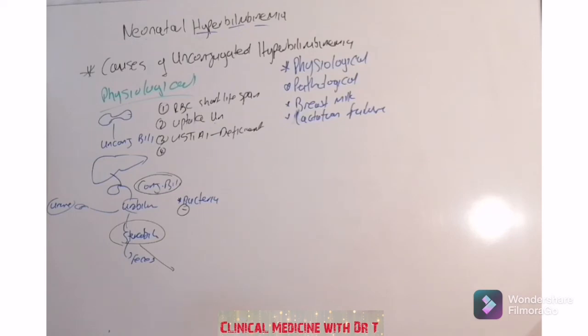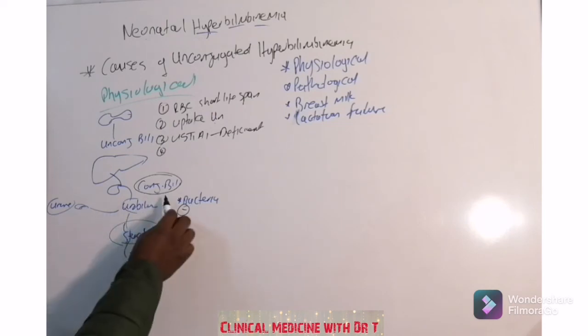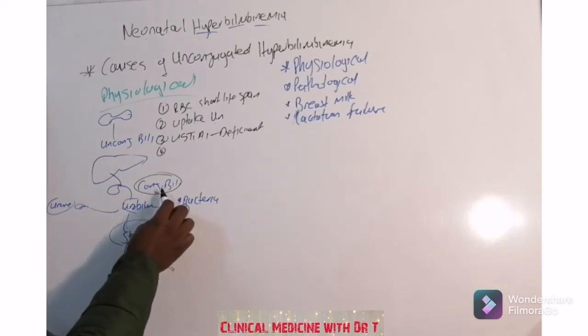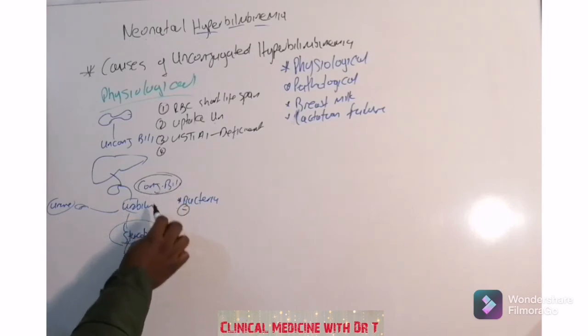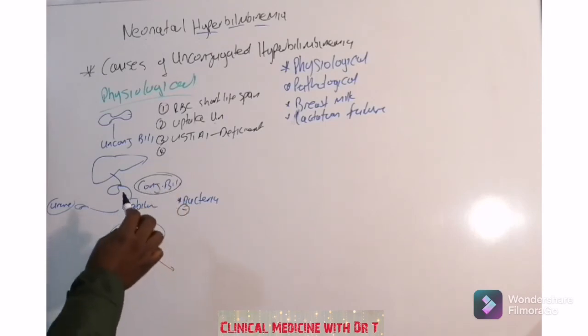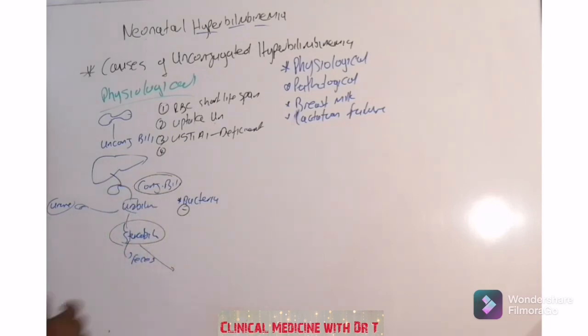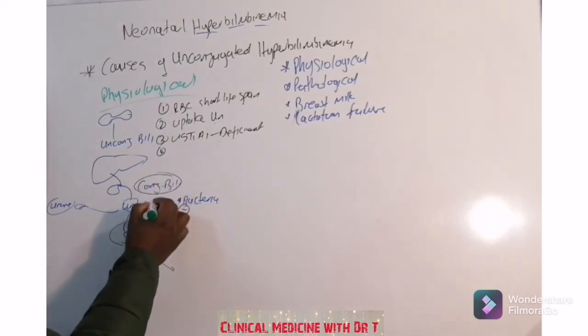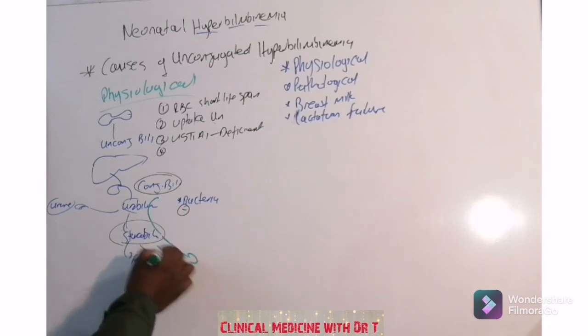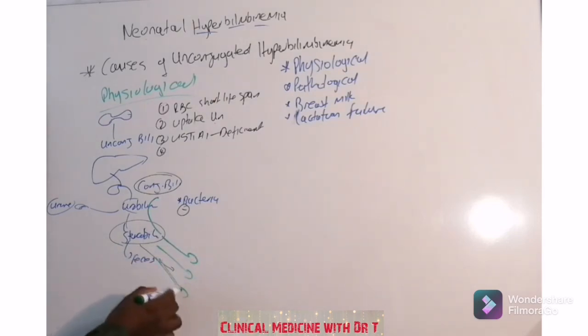So because of that, neonates have an enzyme that is able to convert this unabsorbable conjugated bilirubin to a molecule that can be reabsorbed. So in a normal person, a lot of this gets to this and is excreted, a lot of it, and it leaves the body.